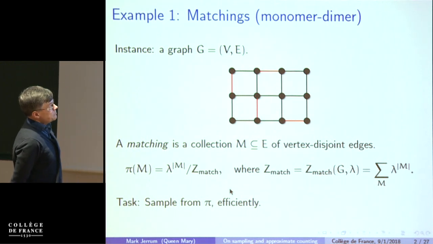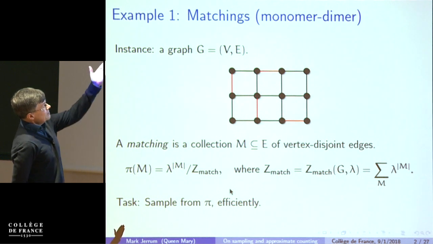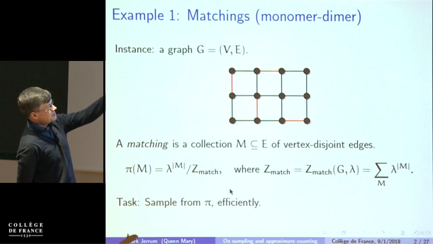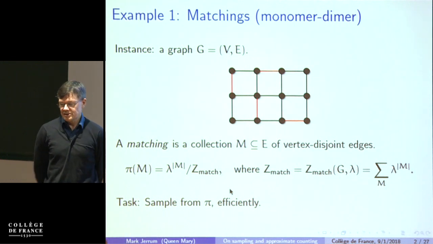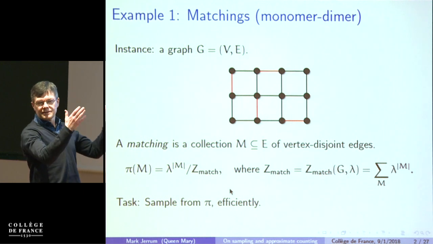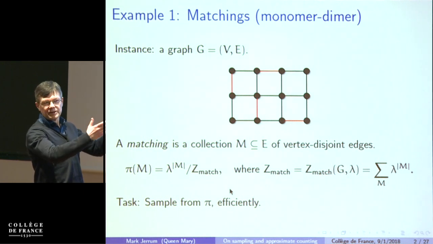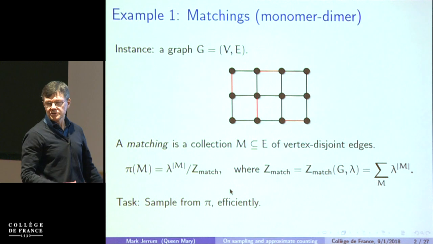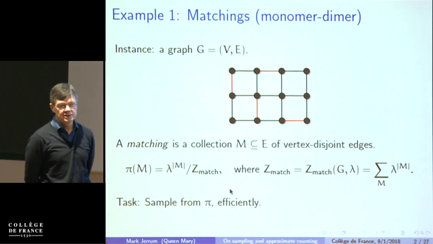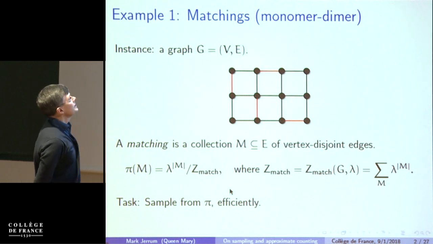Okay, so in this first one, the instance is a graph. In this case, it's a regular graph because it's a fragment of the lattice, because in physics you'd be interested in the graph being a fragment of a 2- or 3-dimensional lattice. But from the computer science point of view, we're just interested in arbitrary graphs.